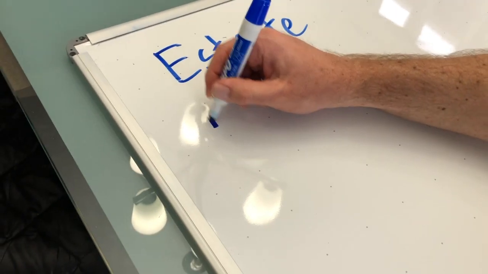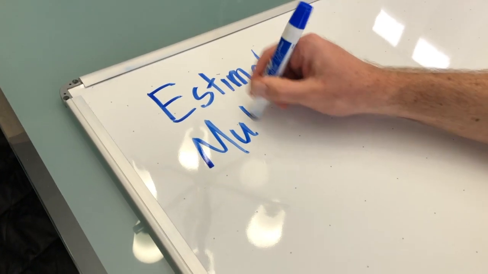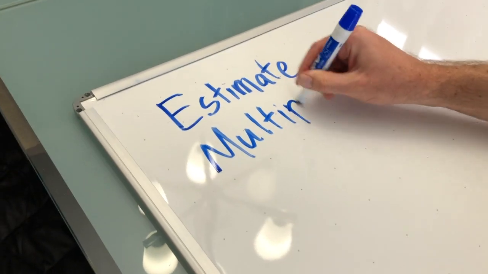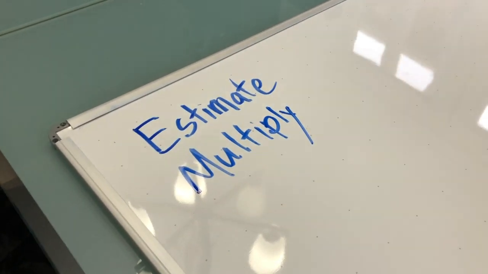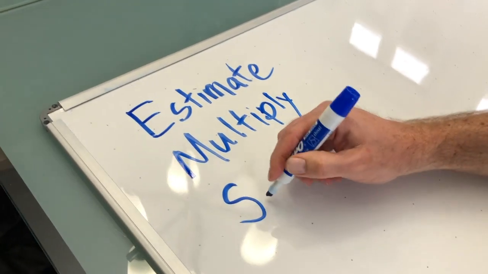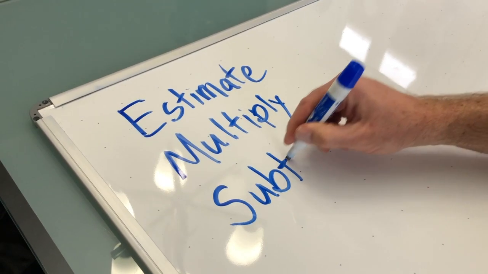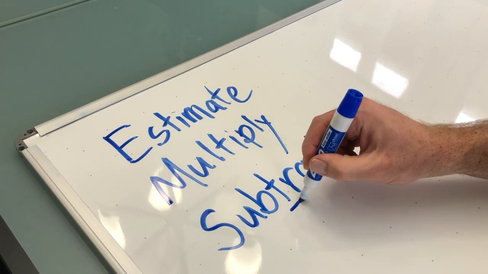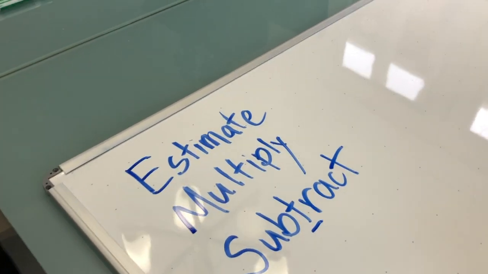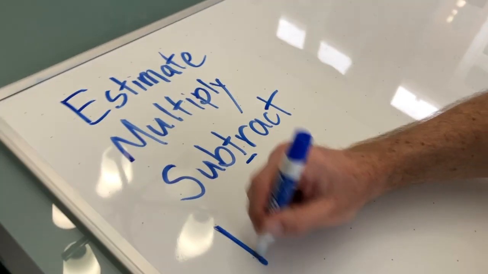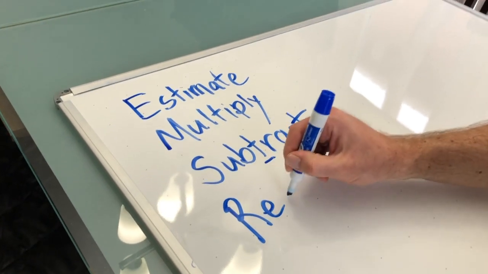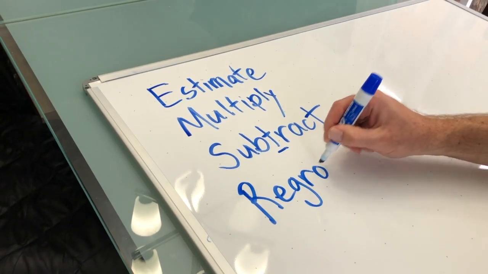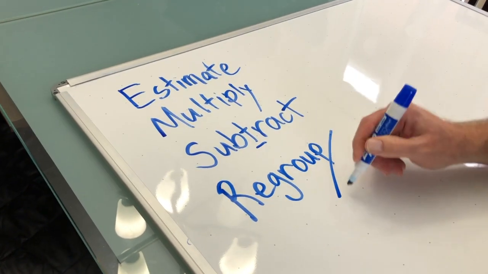The second step is multiply. And you'll see that as we get going, right? The third step is subtract. I spelled it correctly. The T is where it's supposed to be. Hint, hint. And the fourth step is for regroup or restart.